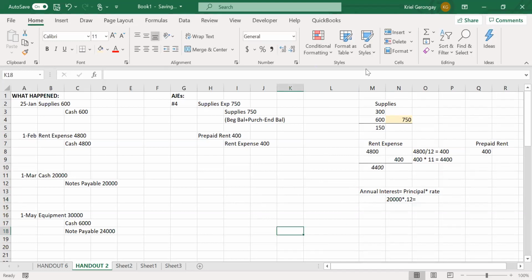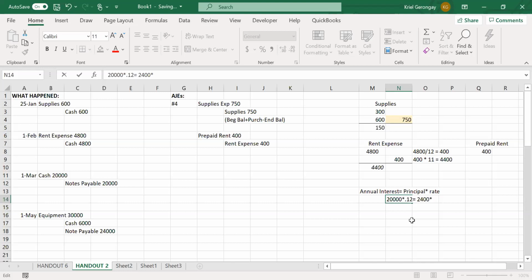So since this 2,400 is good for 1 year, and we got the note on March 1st, we have to prorate it. So you have to only recognize the number of months that you should be paying interest for the year. So from March 1st to December, that's going to be 10 months.